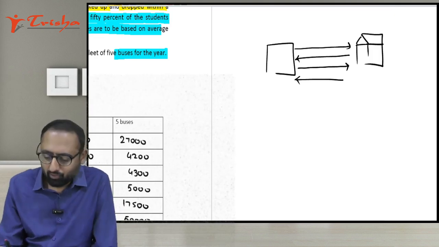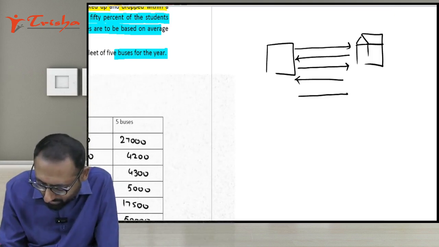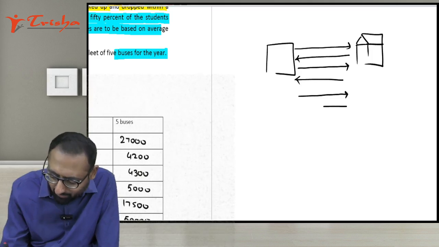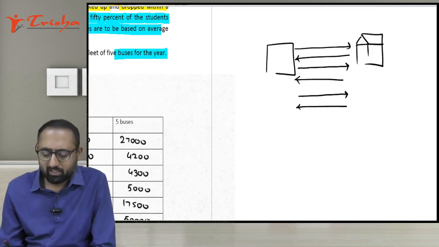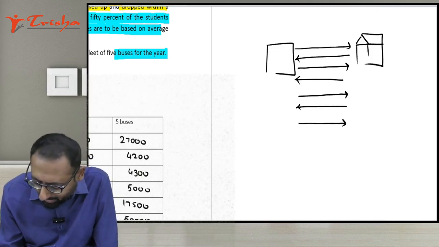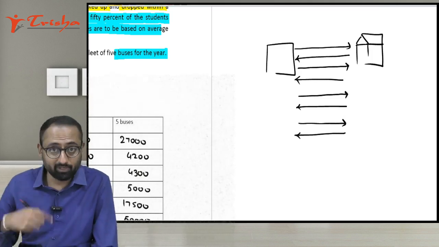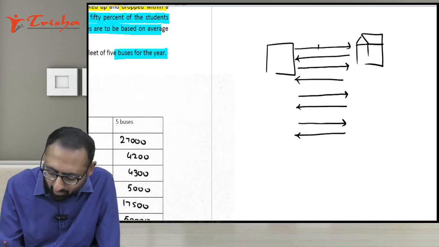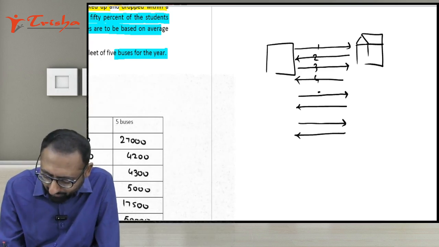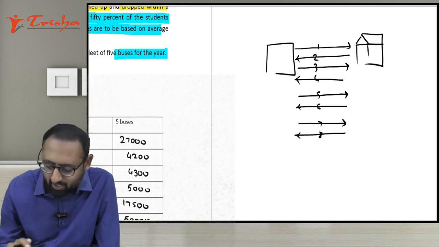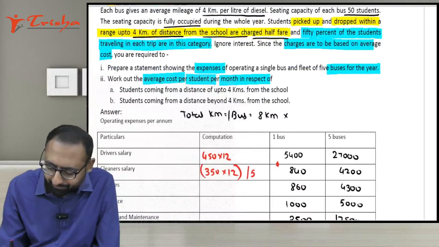In the afternoon, first the junior students will be sent home and the bus comes back. An hour later, the senior students will be dropped home and the bus comes back. So you can check, with 8 kilometers, how many one-way trips are there? 1, 2, 3, 4, 5, 6, 7, 8. So 8 kilometers, 8 trips.